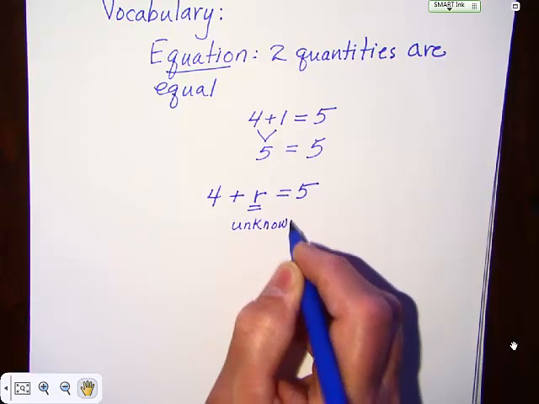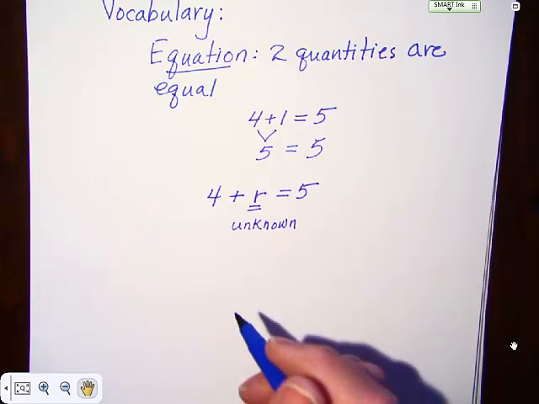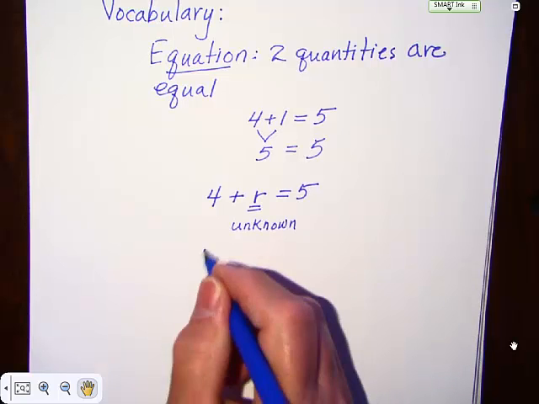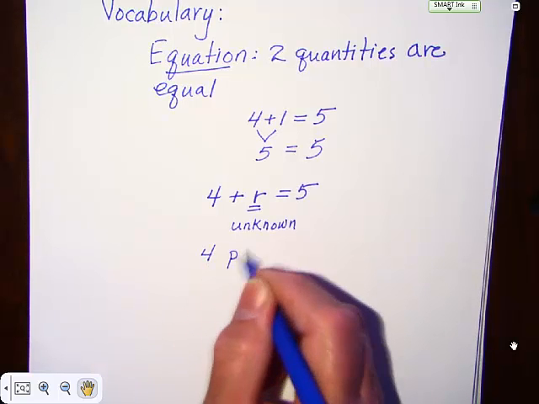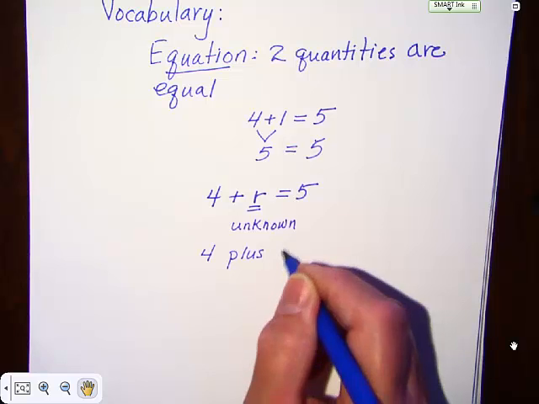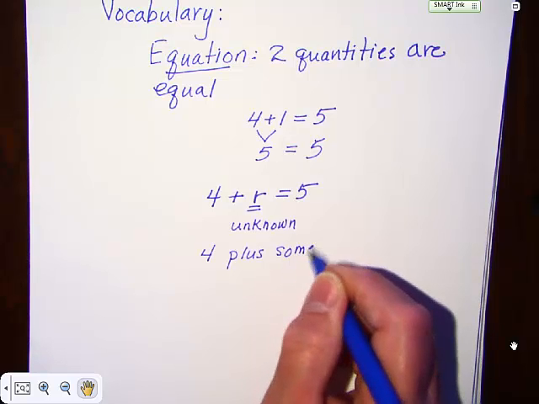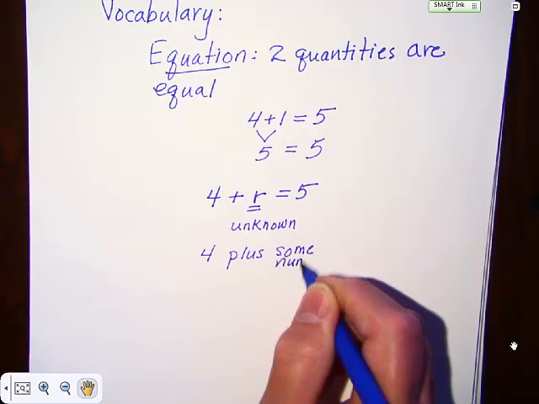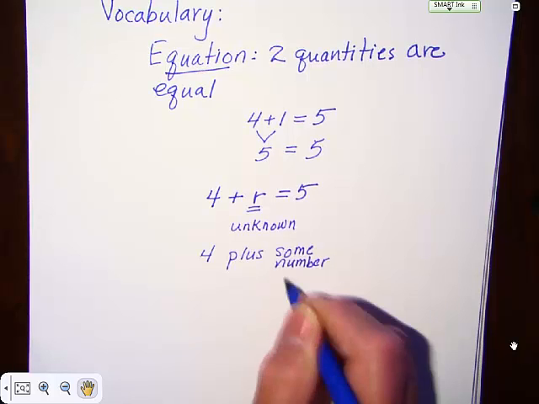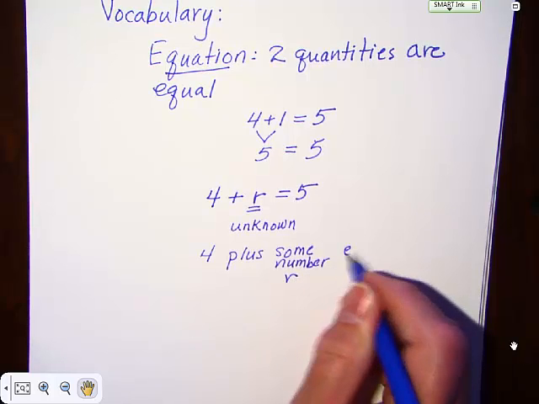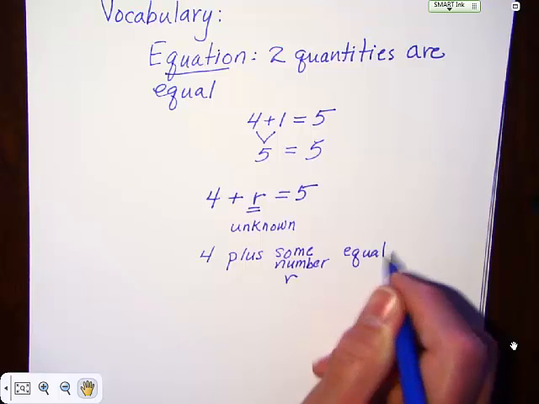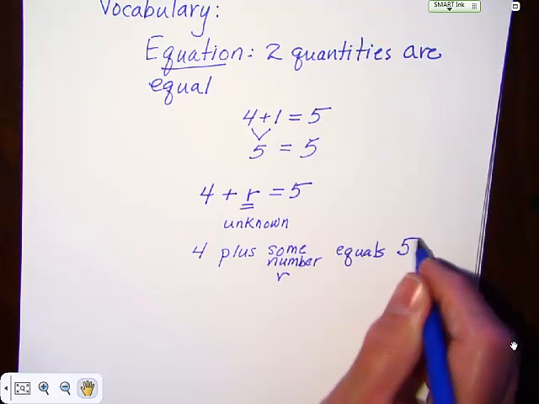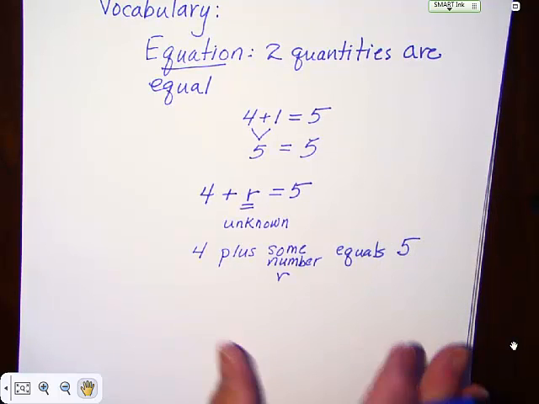Later on, we will call it a variable. But we know that 4 plus some number r is equal to 5.